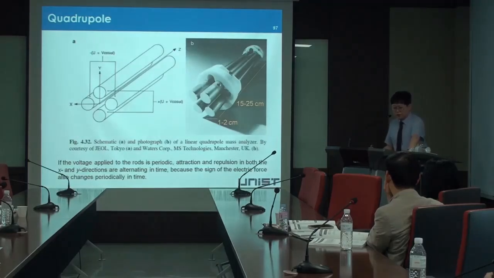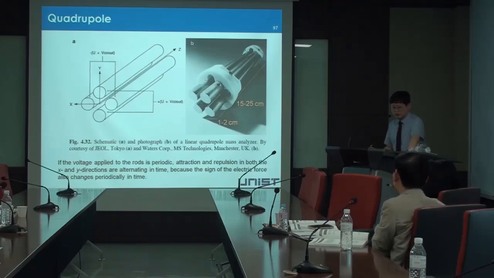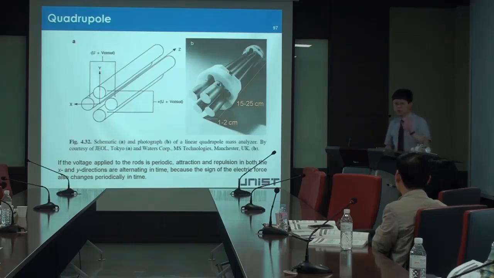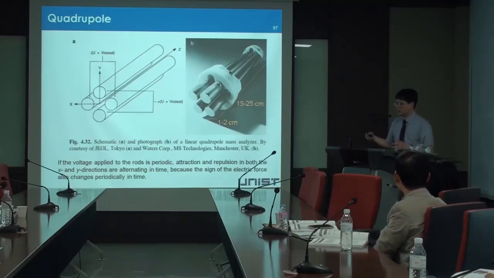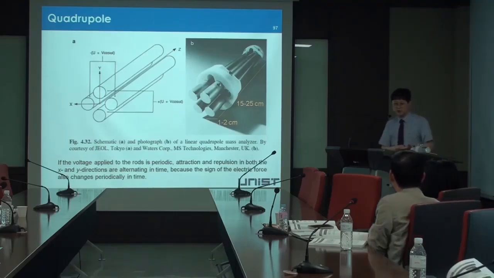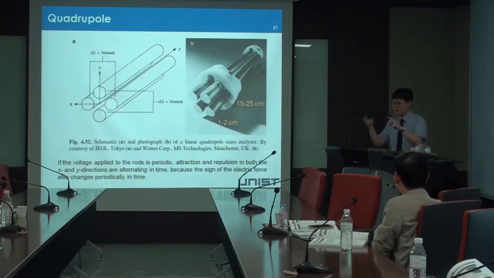And another option is the quadrupole. This is a very basic measurement mode for small scale MS. Quad is 4. There are 4 rods: 1, 2, 3, 4. These rods are connected with DC and AC voltage. The electric field changes plus and minus in 3 dimensions.